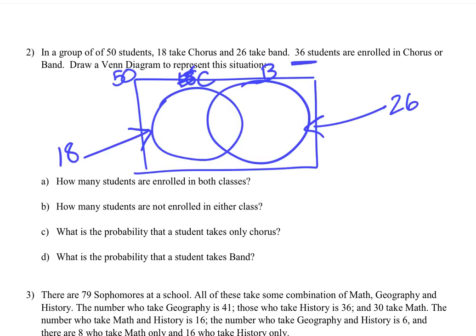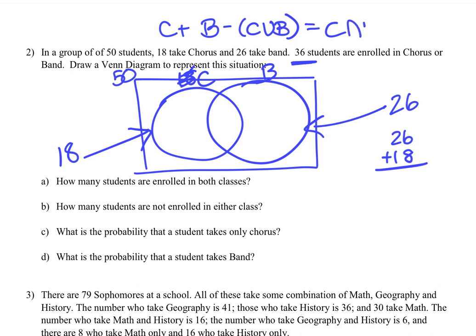So this is the formula: the people taking chorus plus the people taking band minus the people taking chorus or band gives me the chorus and band. That's going to tell me how many people are getting counted twice.